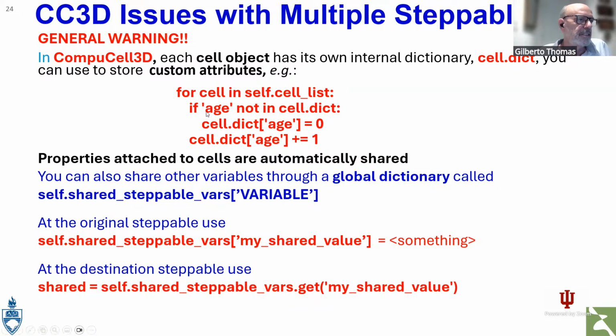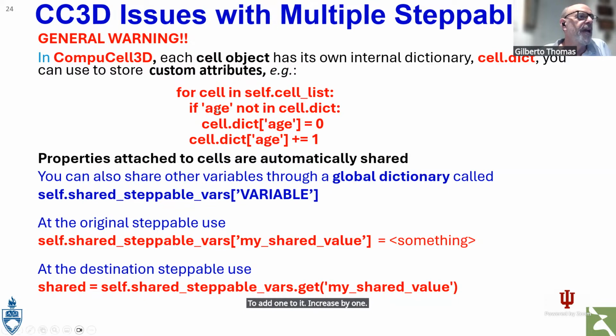First, it is checking if this particular cell has age as a key. If the cell doesn't have age as a key, then create it and put a 0 value in it. Then change the value from 0 by adding 1 to it, increasing by 1.